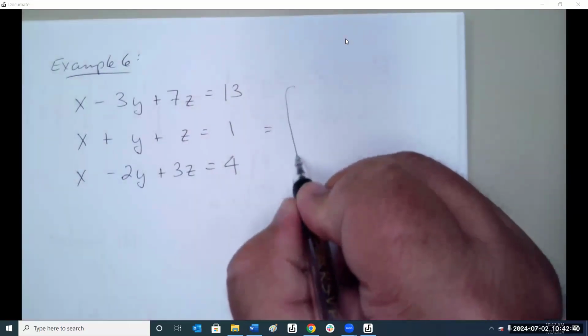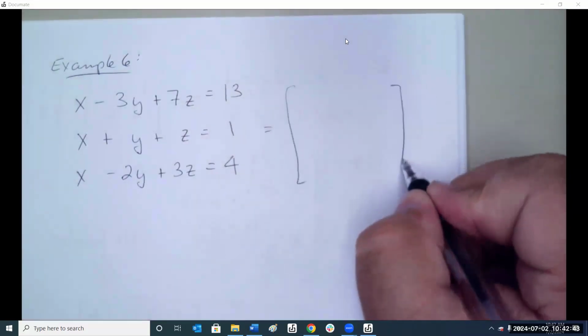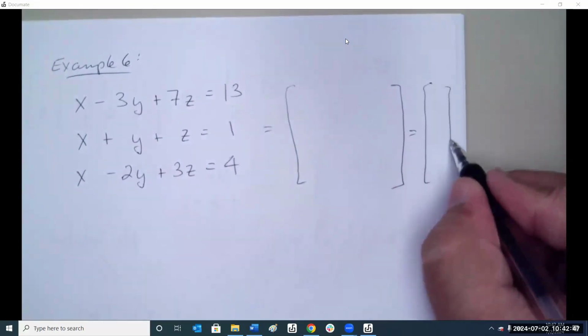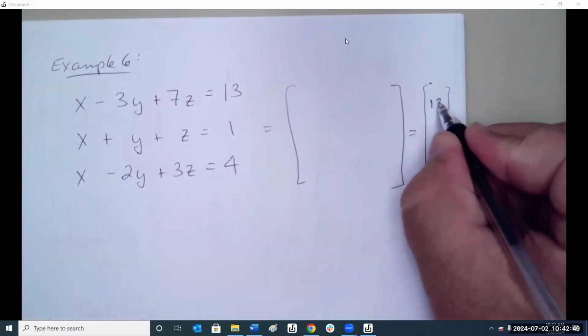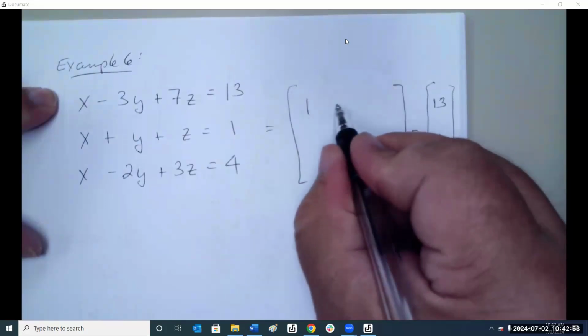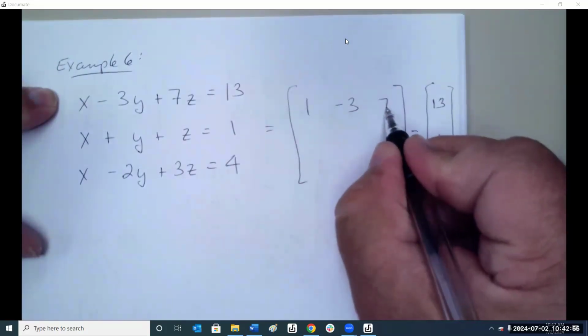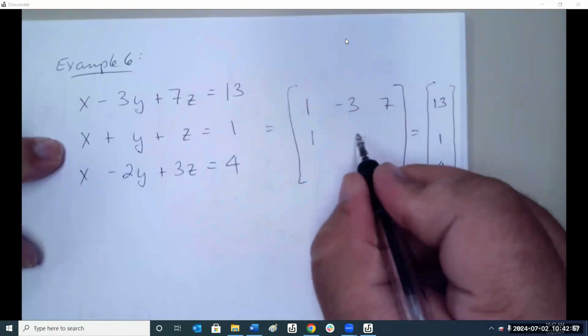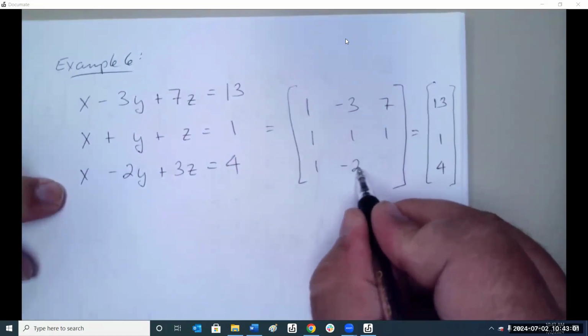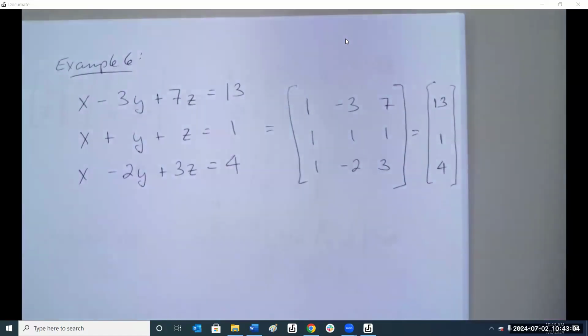Let's convert it to a matrix. 13, 1, and 4. So it's 1, negative 3, and 7. 1, 1, and 1. 1, negative 2, and 3.